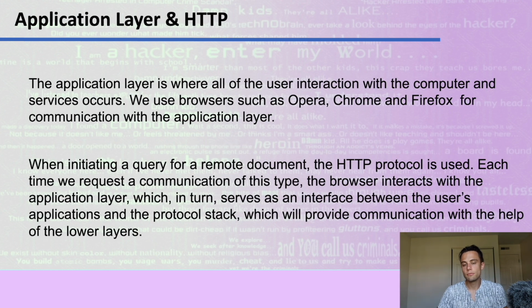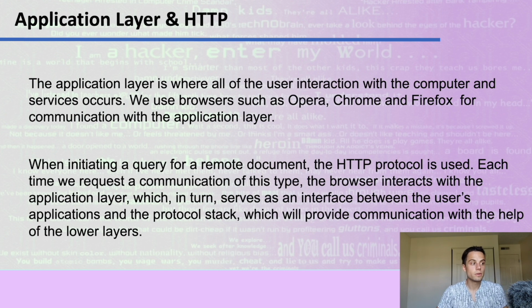And even if we access browsers over internet, we actually do use them in order to connect to the application layer or to communicate with the application layer. So we log into the browser and then we communicate with the actual service that is somewhere around the world. On the other side, if we want to access a remote document, we can use the HTTP protocol, which is basically everything that we see in the beginning of the name of each website.